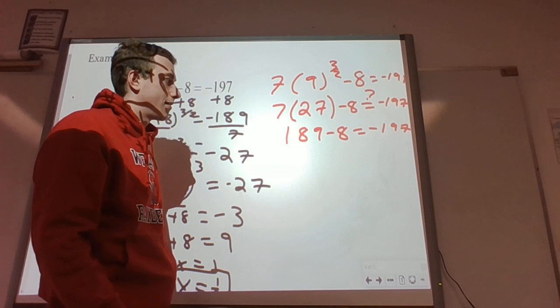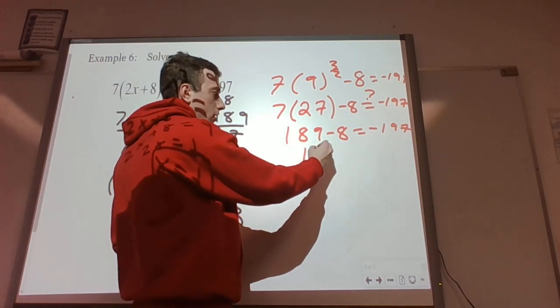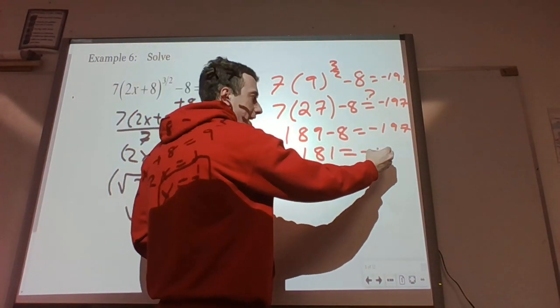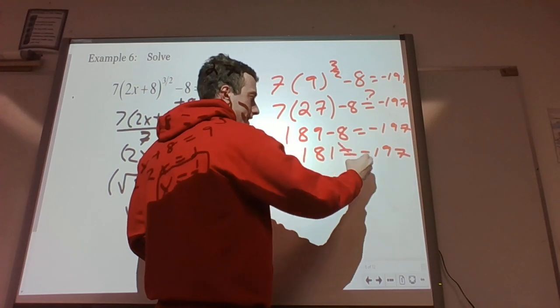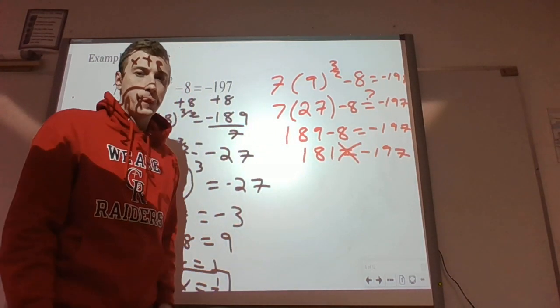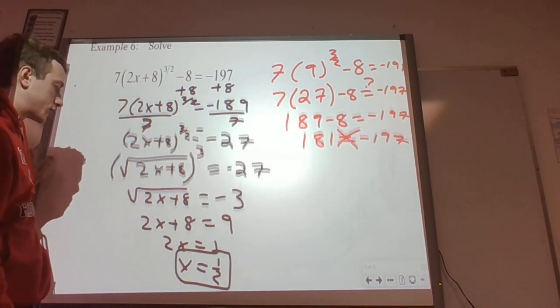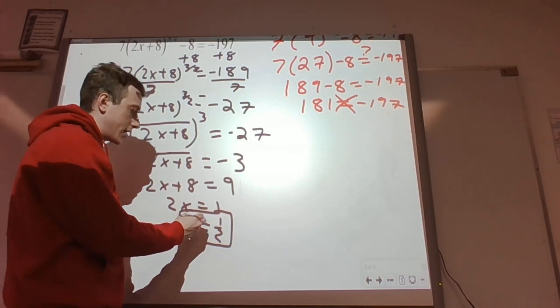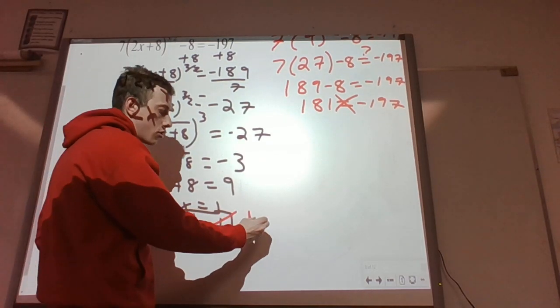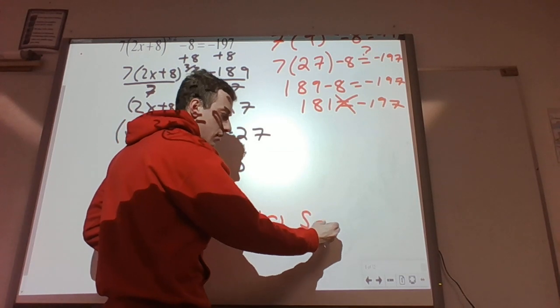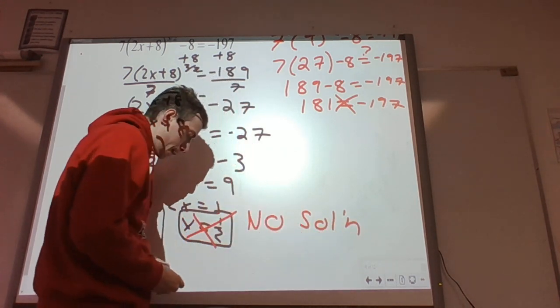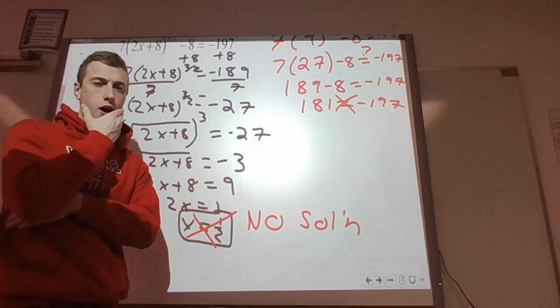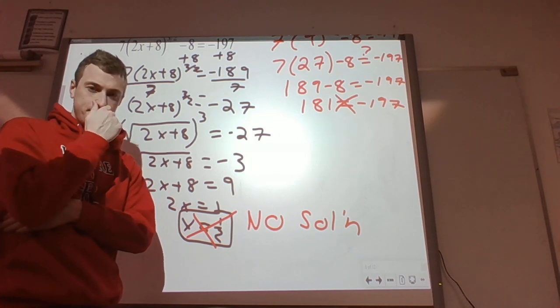Doesn't look like it. Looks like we have 181 equals negative 197. So that's not true. It's a good thing we checked our answer. This actually, we're going to say no solution. Something went wrong in our solve.